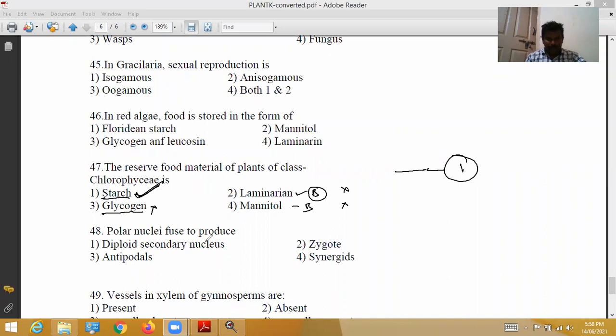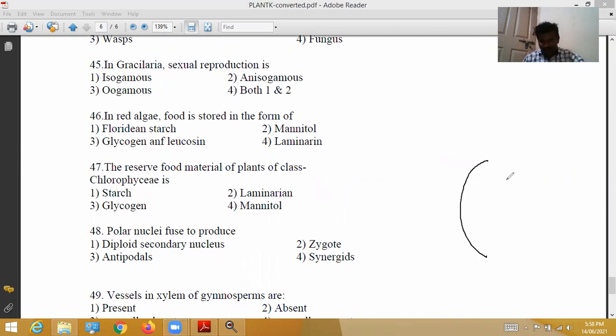Next, polar nuclei fuse to produce the secondary nucleus. See here in the mature embryo sac, these three are called antipodals. These are the polar nuclei, haploid plus haploid.